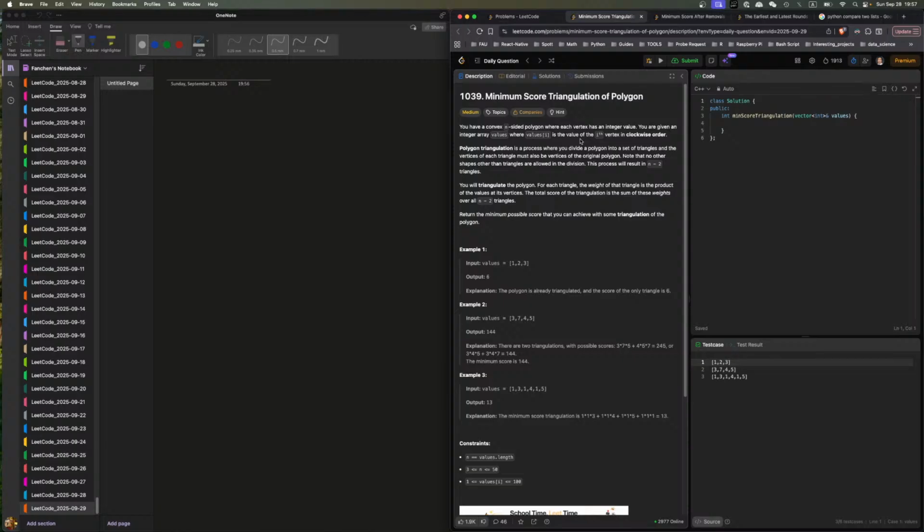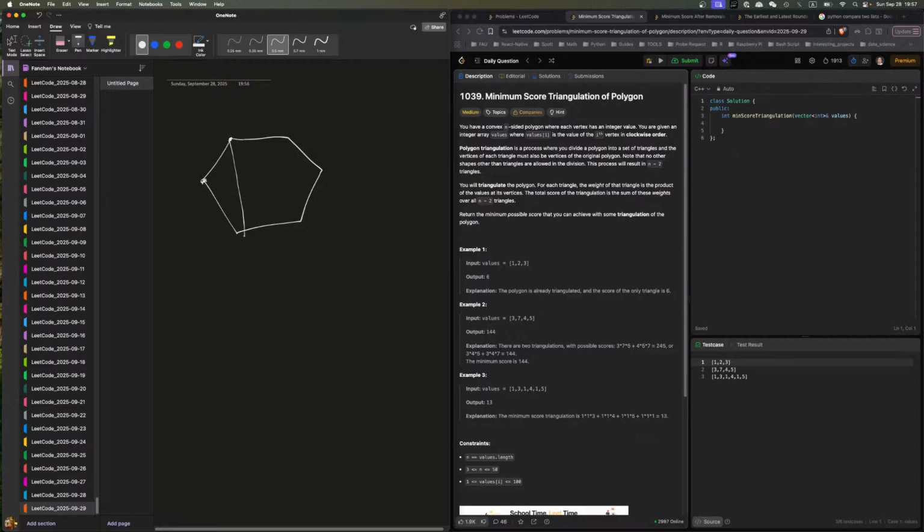I think what this means is if you're given a convex polygon, triangulation is where you take a vertex and form a triangle, and then you form another triangle, and another. So this is 1, 2, 3, 4, 5, 6. So n is equal to 6, so we can get 4 triangles, which is correct.